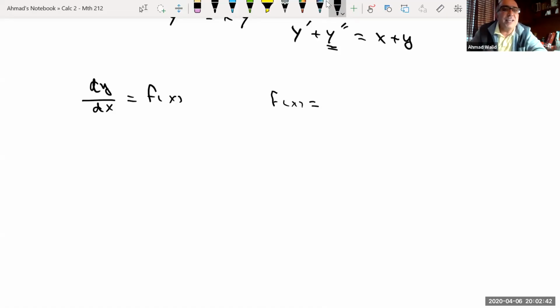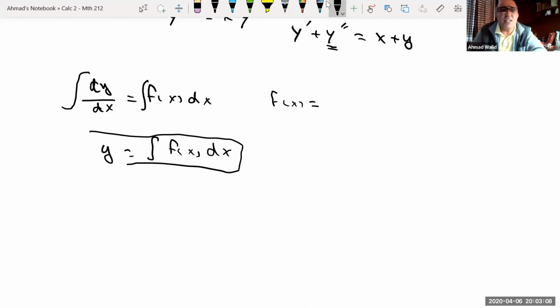For example, if I want to solve this equation, what is the integral of dy over dx? The integral of dy/dx is y, equals the integral of f of x dx. It means for the first order, for equations that have only one variable in terms of x, they're really easy to solve. Just take the antiderivative, or take the integration, y equals something, it gives you a function, and that's your answer.